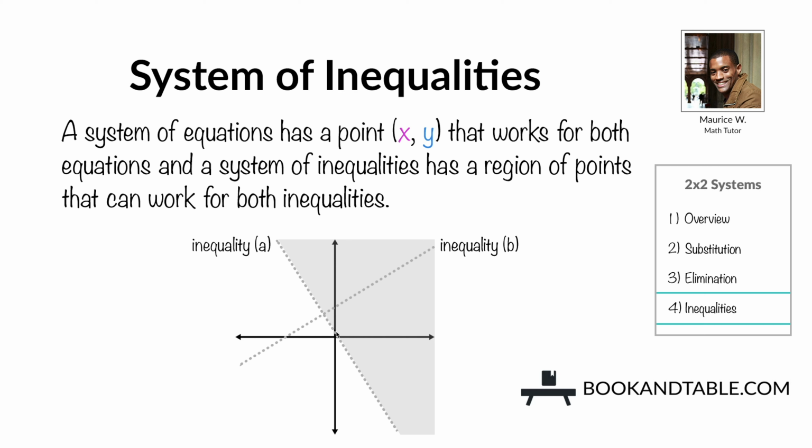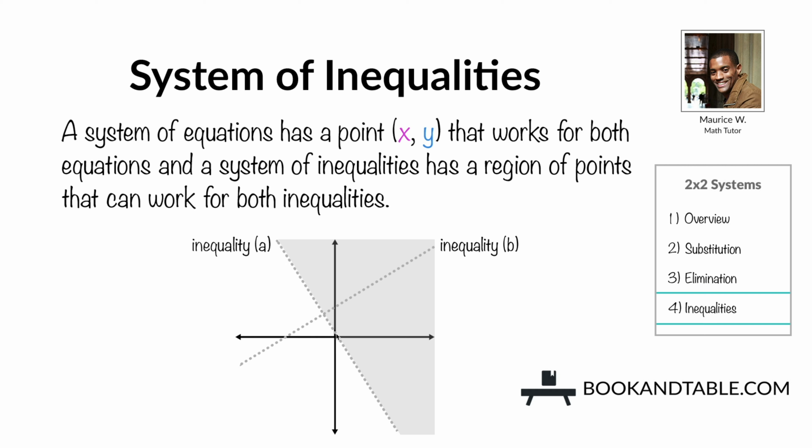For less than or greater than, instead of a line, you'll have a dotted line, because the points above or beneath that line will represent these solutions, but the line itself will not be included. If it is less than or equal to, or greater than or equal to, you'll use a solid line to represent that the points on that line are included in the solution set.